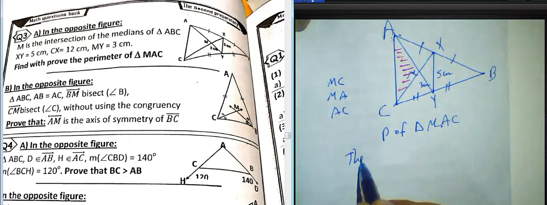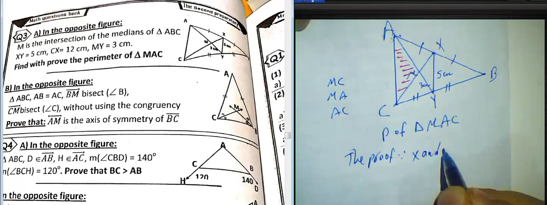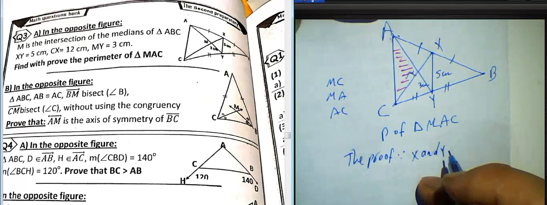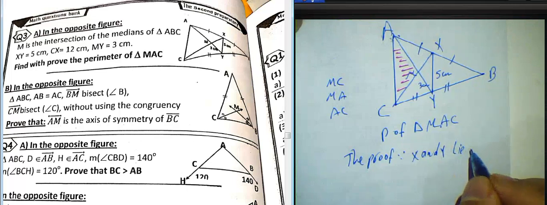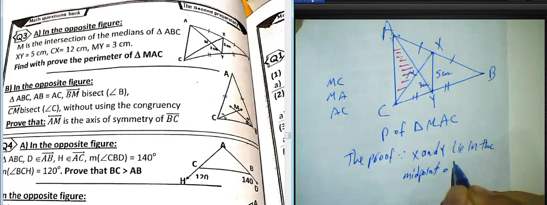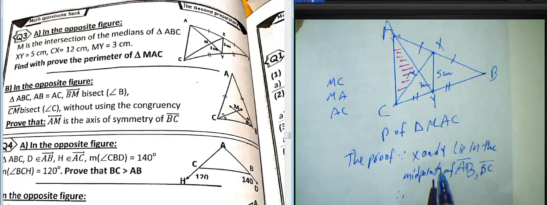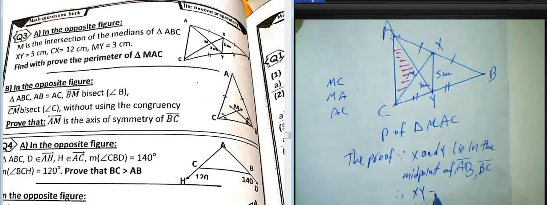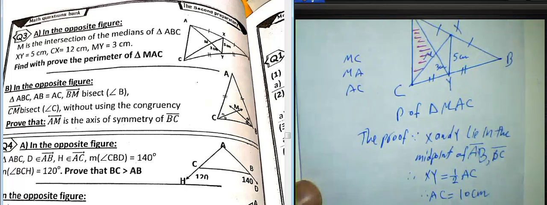The proof: such that X and Y lie in the midpoint of AB and BC, then XY will be equal to half of AC. Then AC equals 10 centimeters. Okay, it's very easy for you.